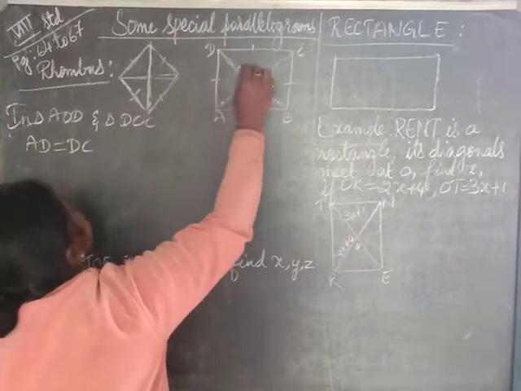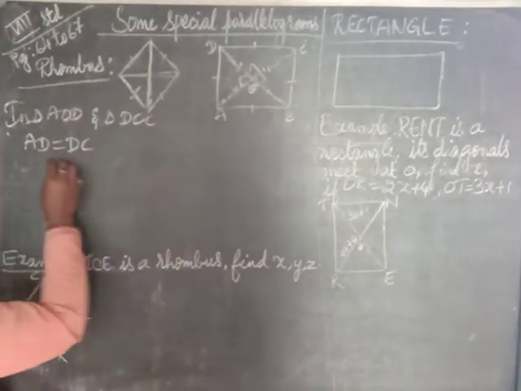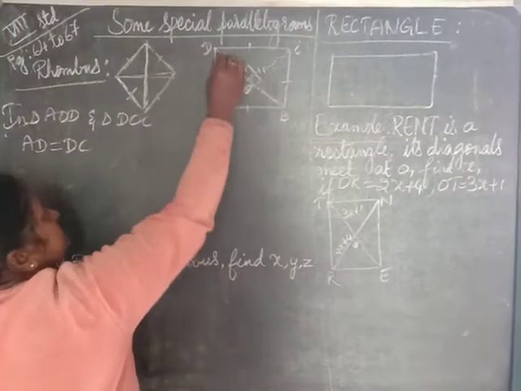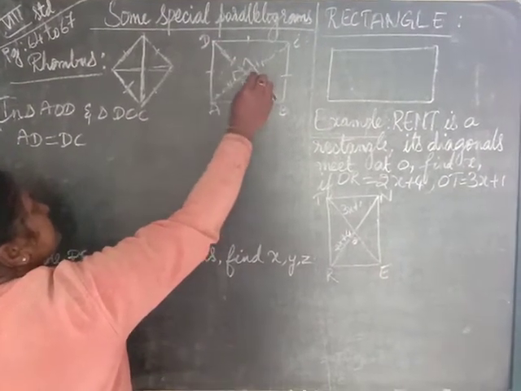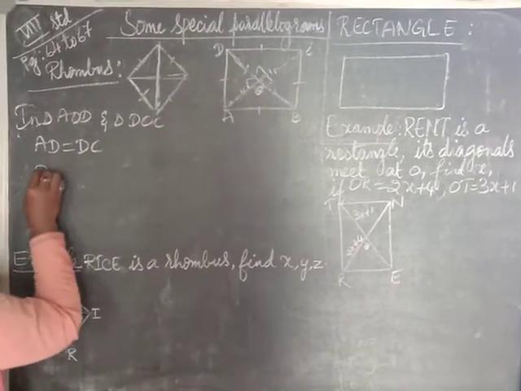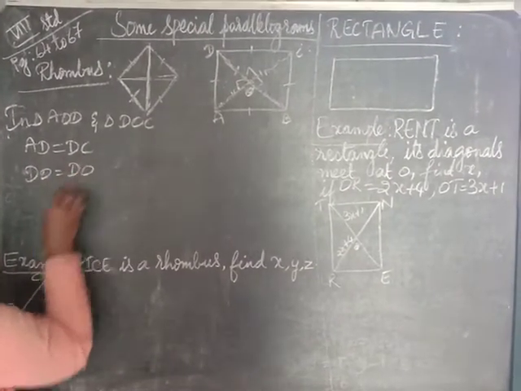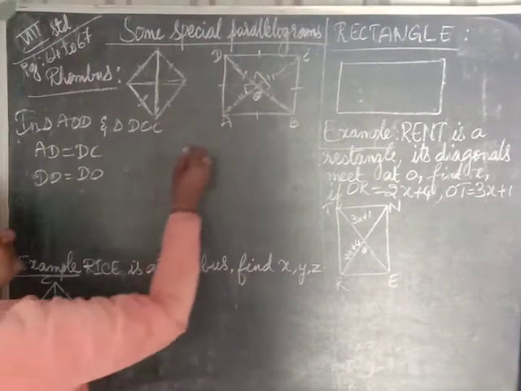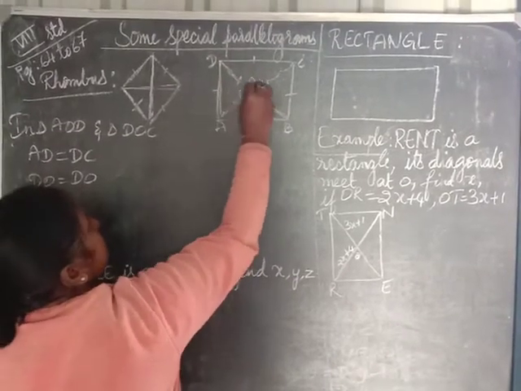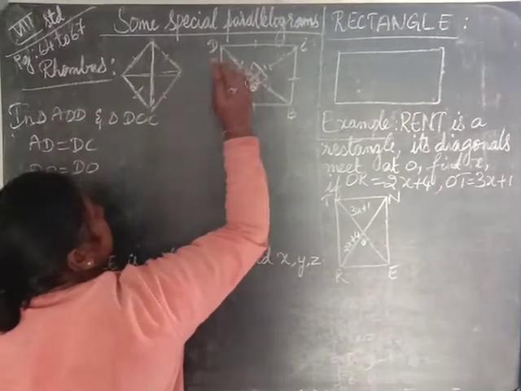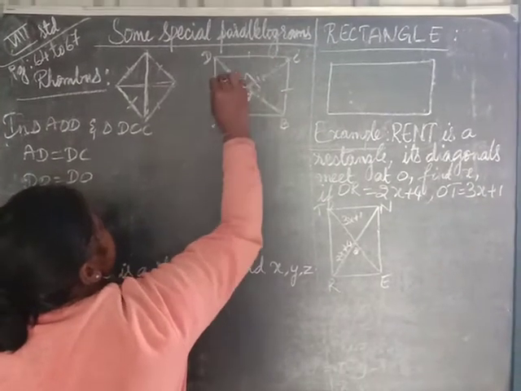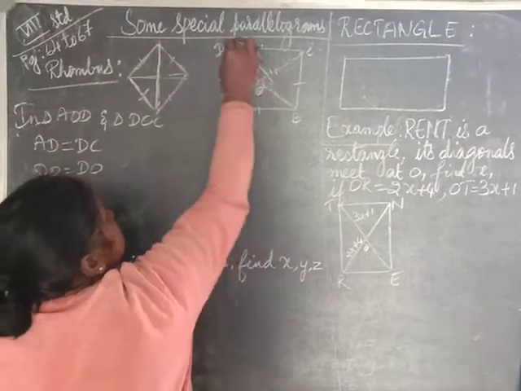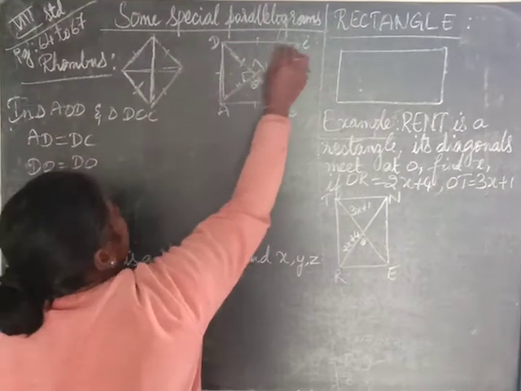So in these two triangles, 2 sides are equal: AD is equal to DC. And one more, DO is common, so DO is equal to DO. And one more thing: AO is equal to OC.